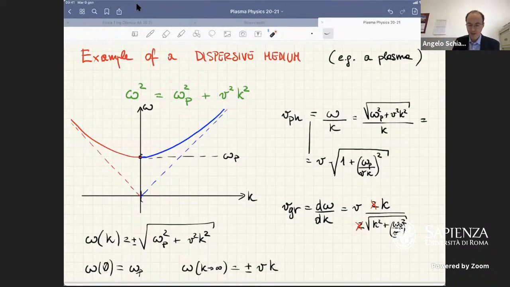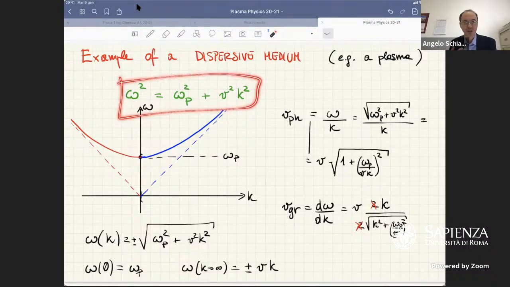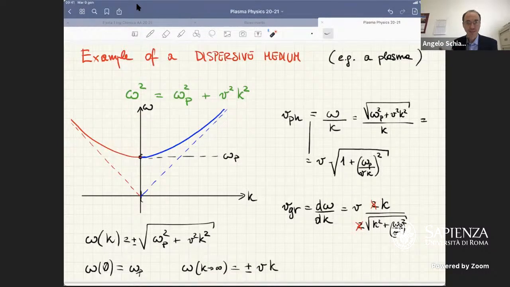So this is actually our dispersion relation that will be able to describe not only propagation of electrostatic waves in a plasma, but in the limit of very small k numbers will describe the plasma oscillation that you find at the beginning of the course.